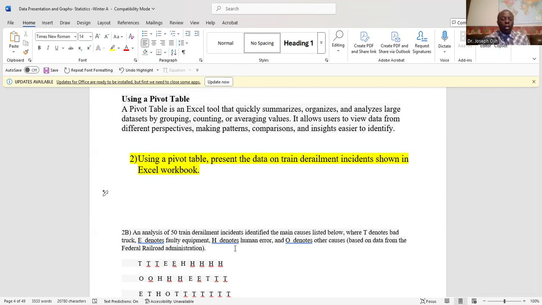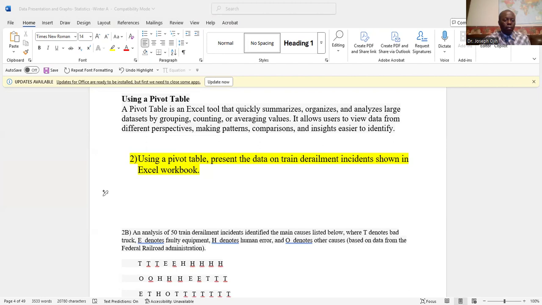So I'm going to open it, train derailment. I'm going to open the data and present it here so you can see what I'm talking about.